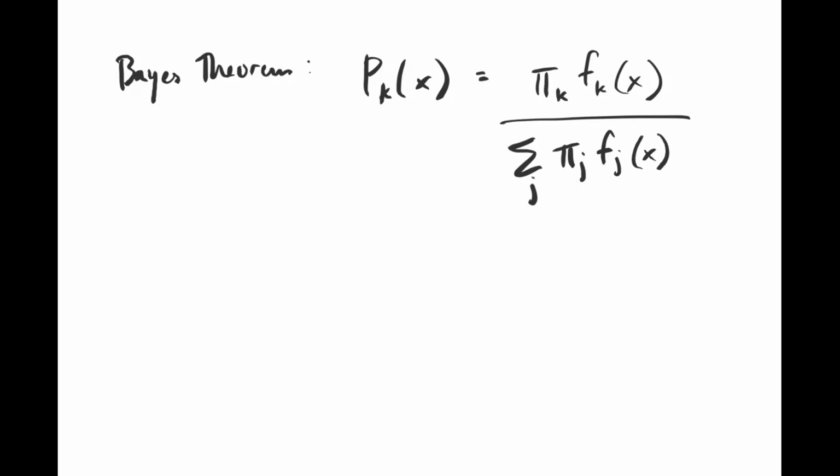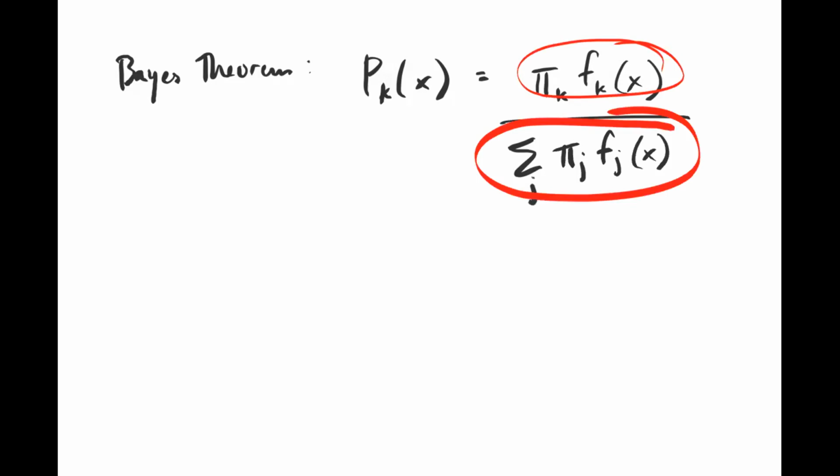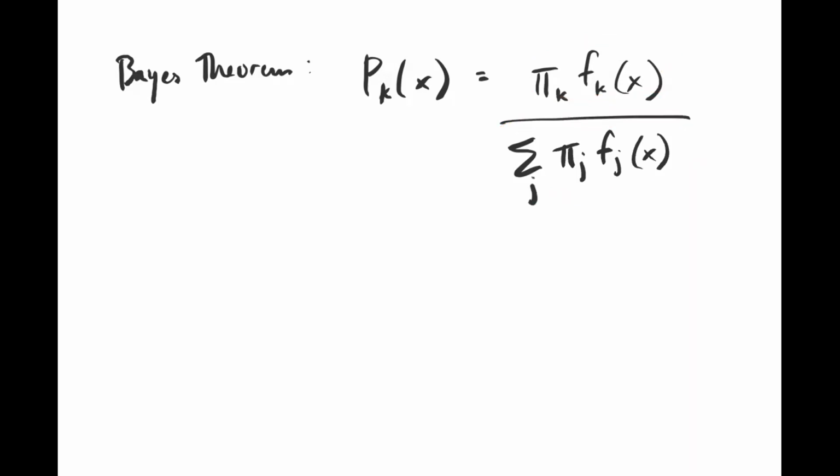You basically have some fraction above as a portion of all the components in the denominator. Okay, and so what are these things that I am describing here?